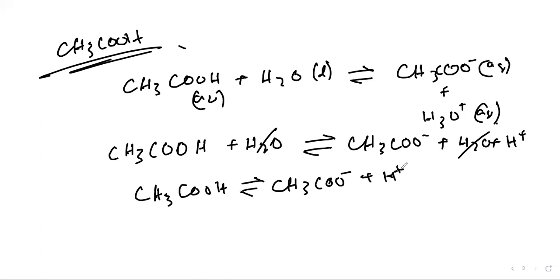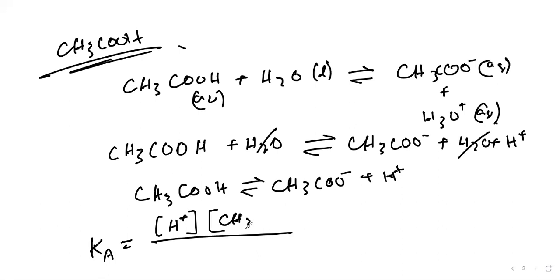Now over here, if we try to write the acid dissociation constant equation, it should be what? The concentration of H plus in the numerator, multiplied with the concentration of CH3COO minus, and in the denominator we'll have CH3COOH, the concentration of the acid.